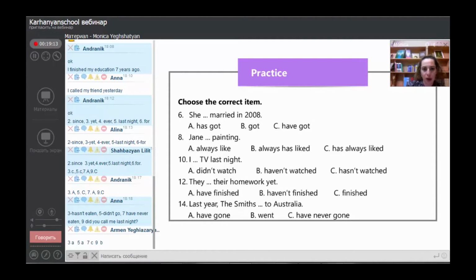So we have the continuation of this exercise. She has got, have got.